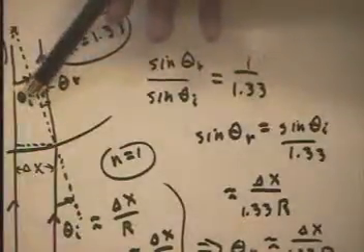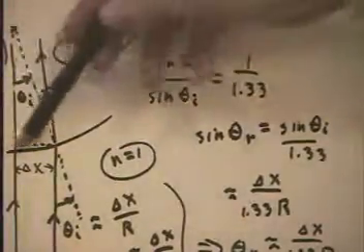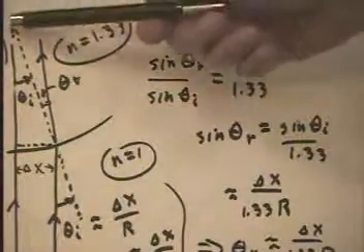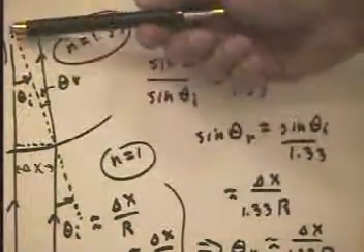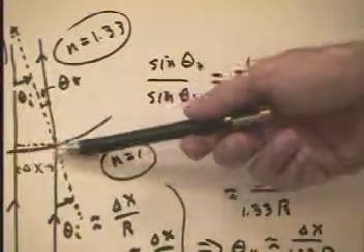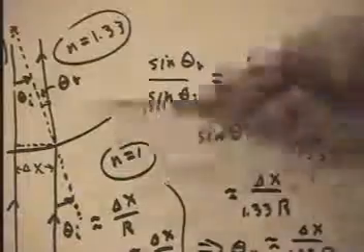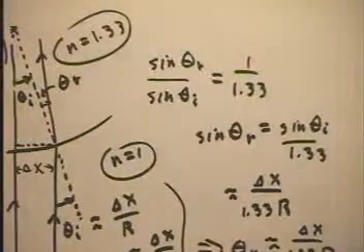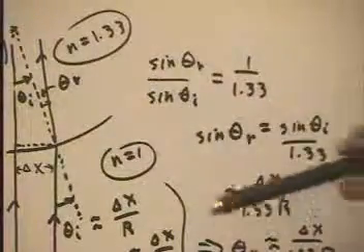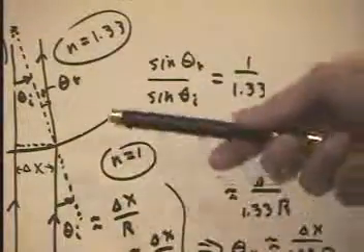We determine this angle theta I by looking at this triangle here. This triangle has a hypotenuse which is equal to r, and it has delta x here. And then there's some unknown side here, which will of course be the square root of r squared minus delta x squared. But delta x is small.